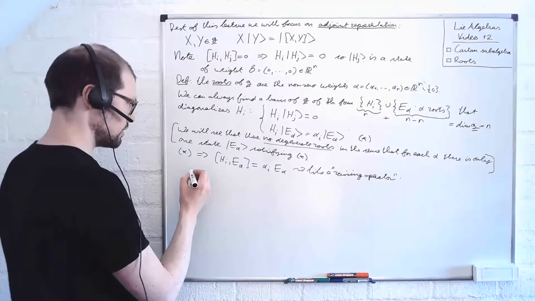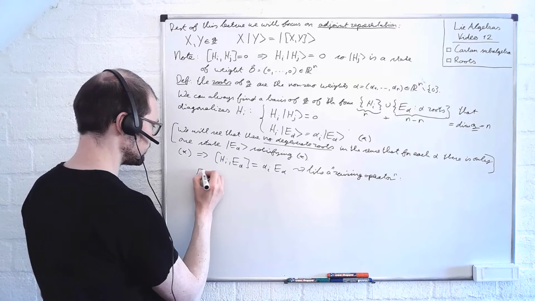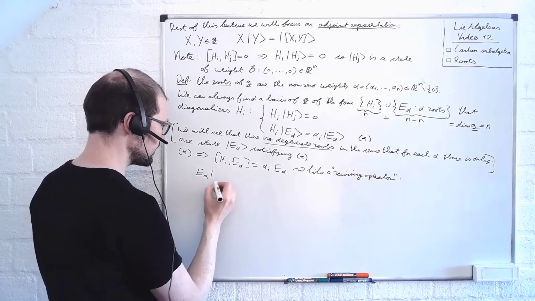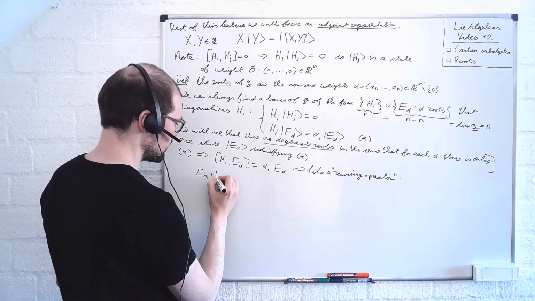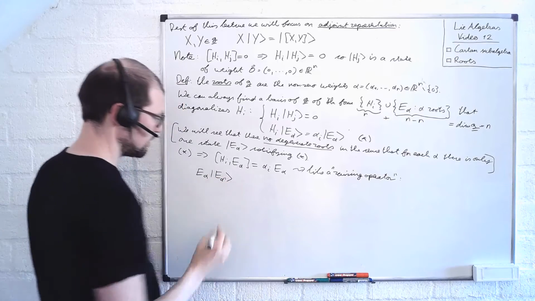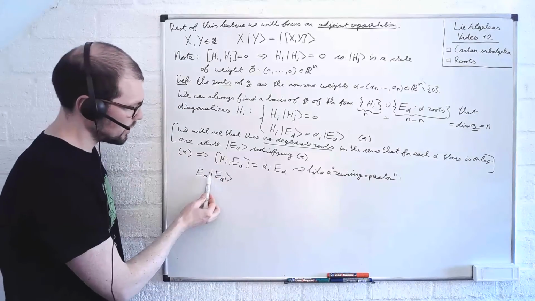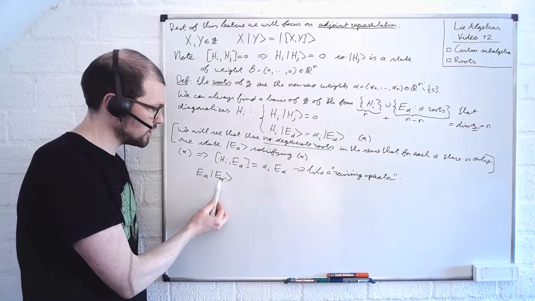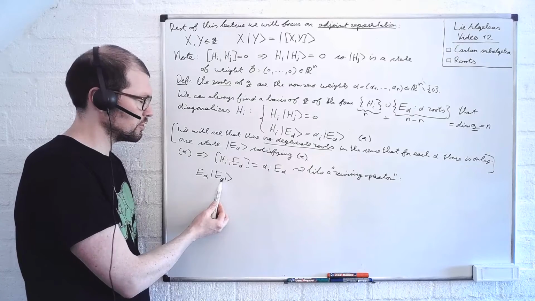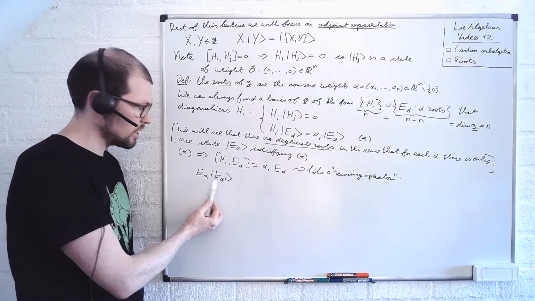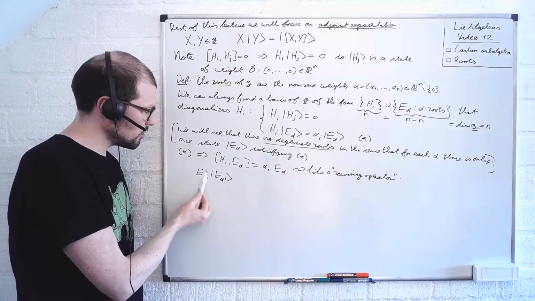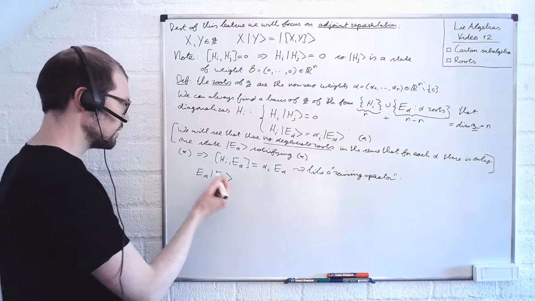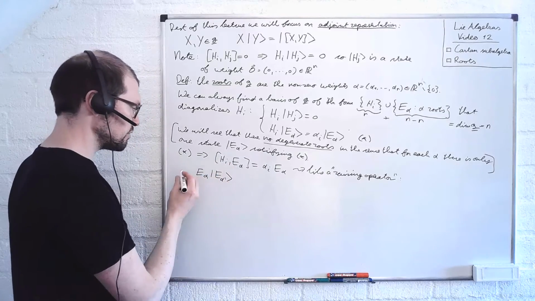In what sense? Well, let's have a look. So if I look at an eigenvector of the Cartan generators, so E alpha prime for some root alpha prime, and then act on it with this operator E alpha, then I claim that it's an eigenvector again.